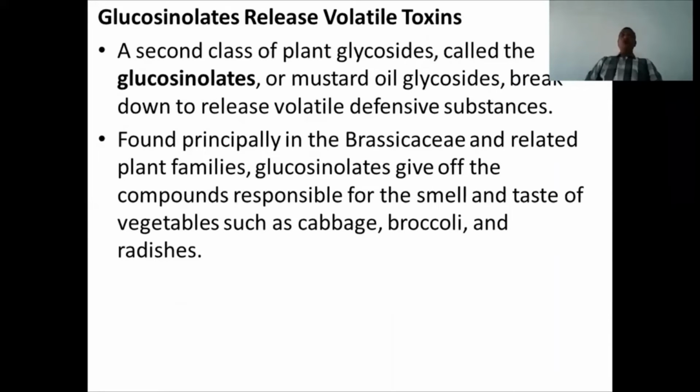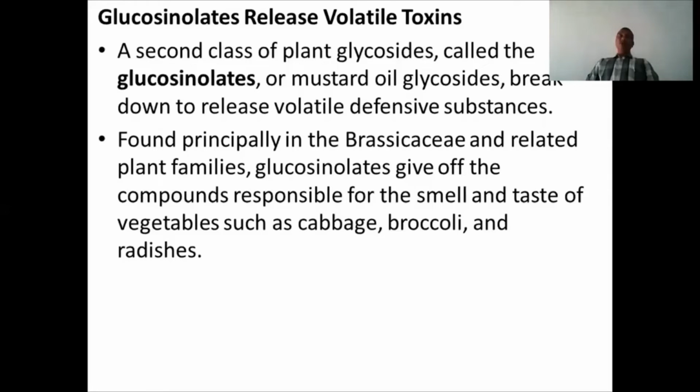And the second group is called glucosinolates. These glucosinolates do not release any kind of hydrogen cyanide. Instead of cyanide, they give some smell or some typical taste. This typical taste or typical smell will make the insect keep away from the particular plant.